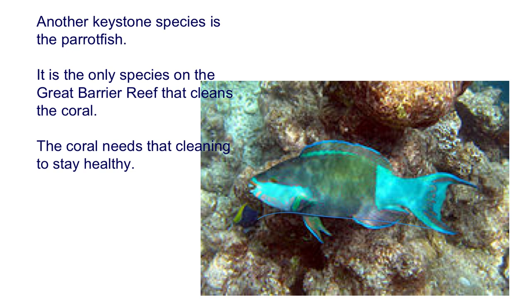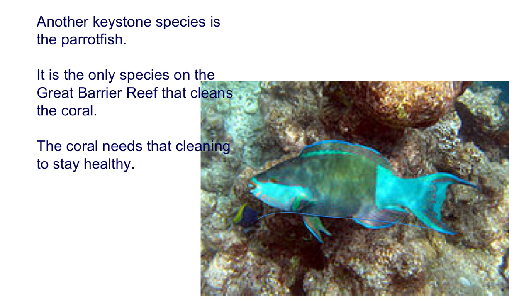Okay, here's another example of a keystone species, where coral reefs grow. The parrotfish is kind of a big fish. He actually cleans parasites off the coral reef. And so it keeps the coral reef open to the sunlight, and the little critters that live in the coral, the invertebrates that are the coral organisms, can filter feed better.